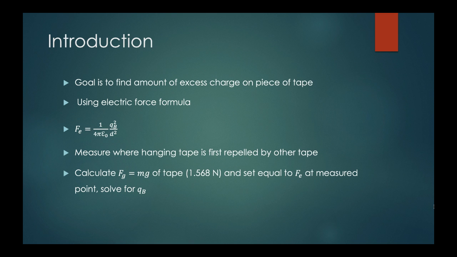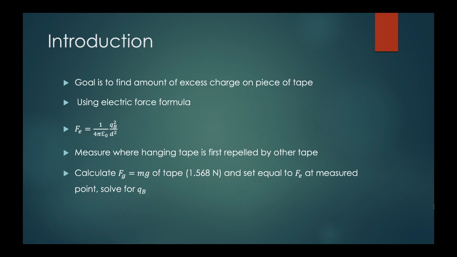So, just to get going into what we did and a little bit of the concepts we use, the goal of this lab was to find the excess charge on a piece of tape after it had been pulled off of another piece of tape. And the basic concept we used was the electric force formula, which comes from the electric field formula.